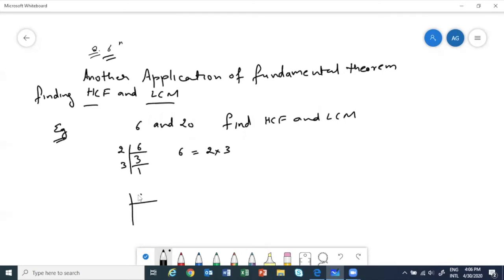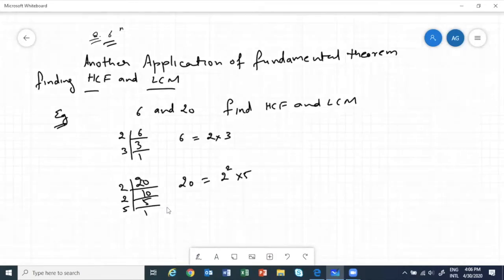Let's do it for 20. 20 is 2 times 10, 10 is 2 times 5, so you can write 20 as 2 square into 5.